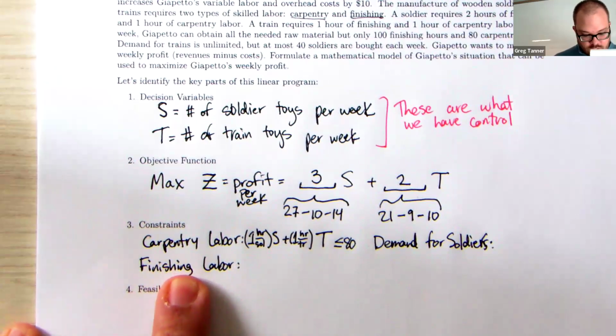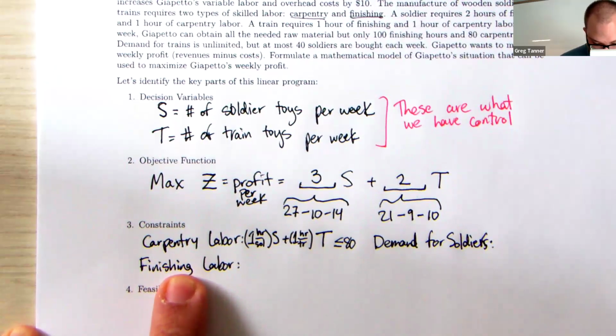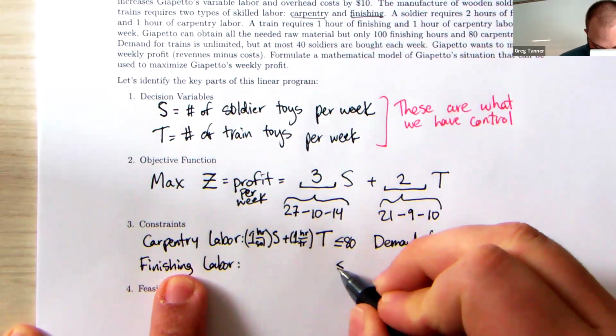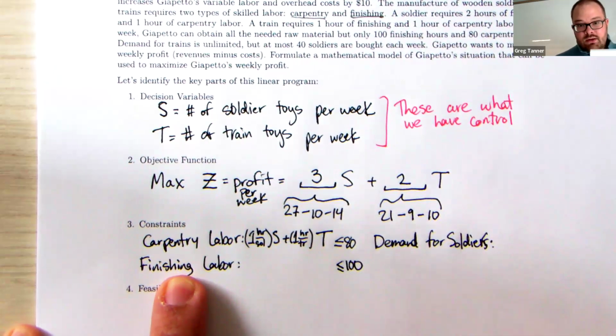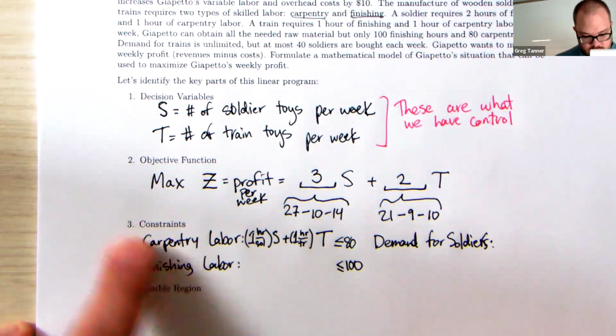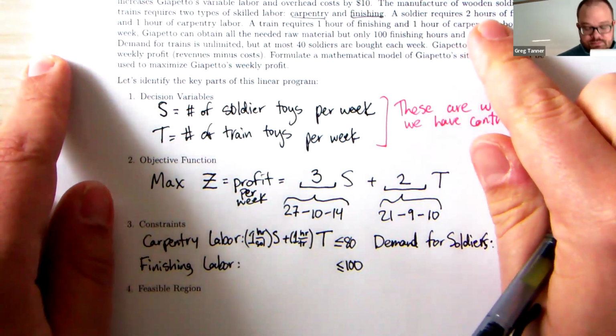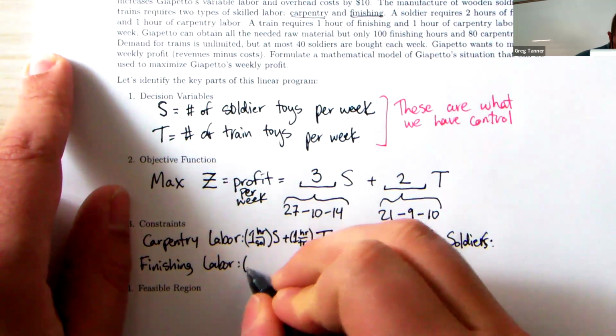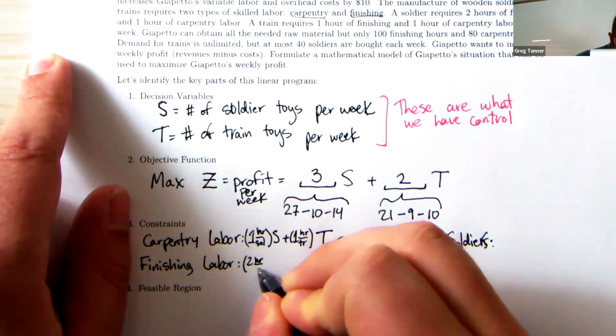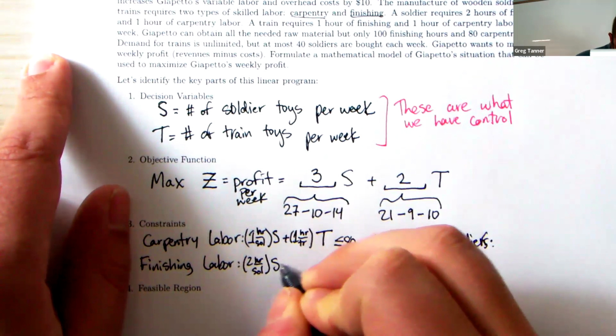Similarly, we need to think about our finishing labor requirements. We have a total of 100 finishing hours of labor available. Each soldier requires 2 hours of finishing, so 2 hours per soldier times the number of soldiers.